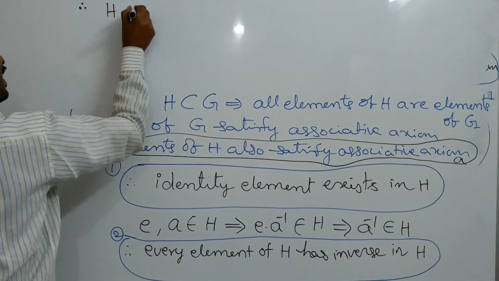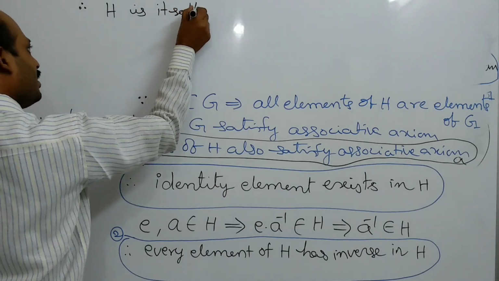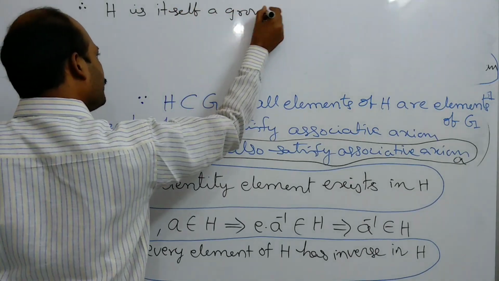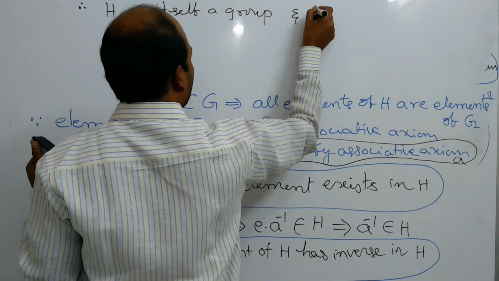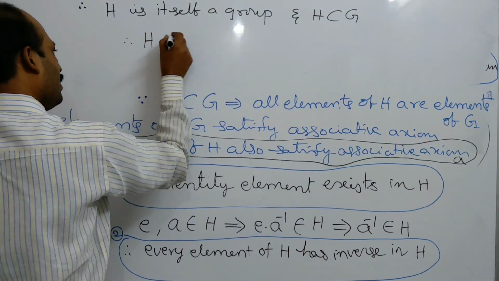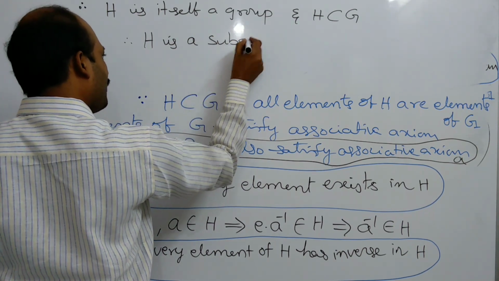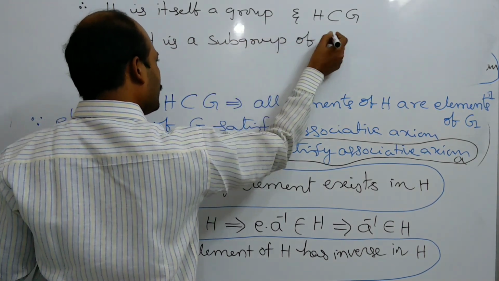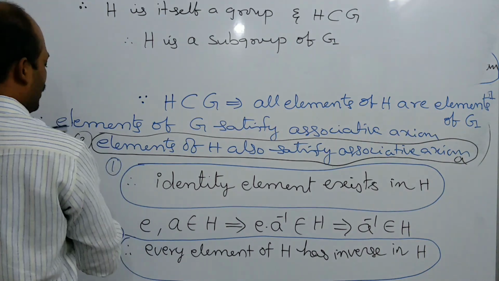Therefore, capital H is itself a group and H is a subset of G. Therefore, H is a subgroup of G. Our aim is also the same.